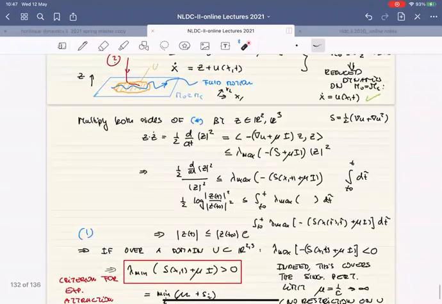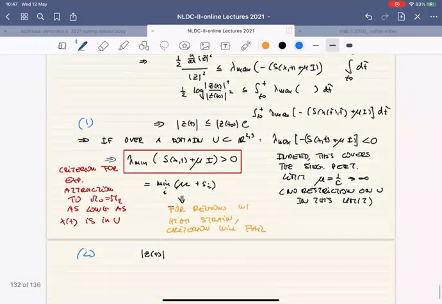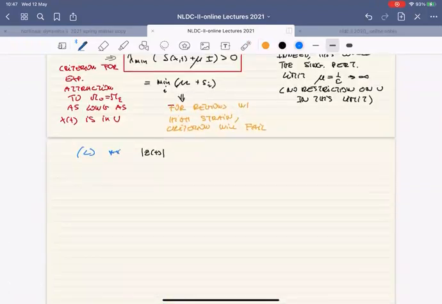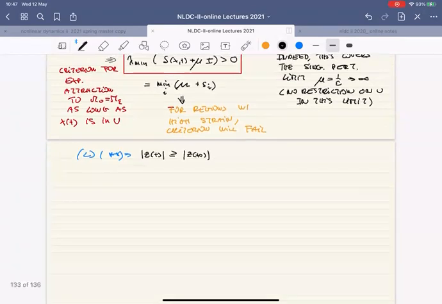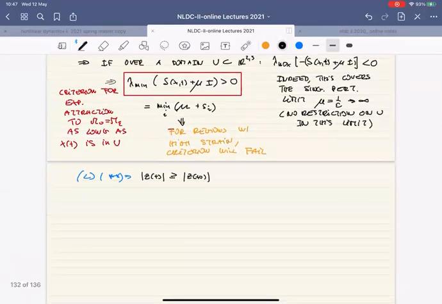So let me give a name to this. Let's call this, say, double star in blue. So double star implies that Z(t) is larger than or equal to Z(t naught) norm. Okay. What am I doing? Where am I?